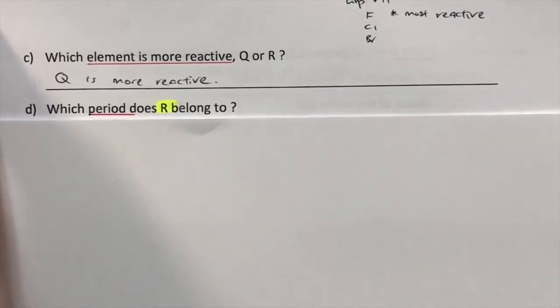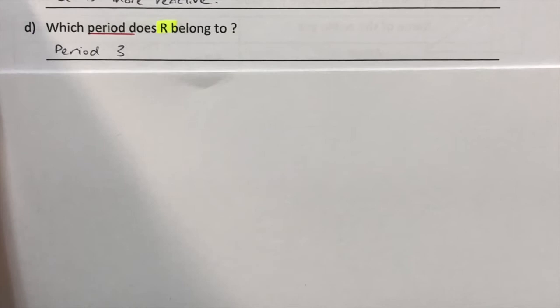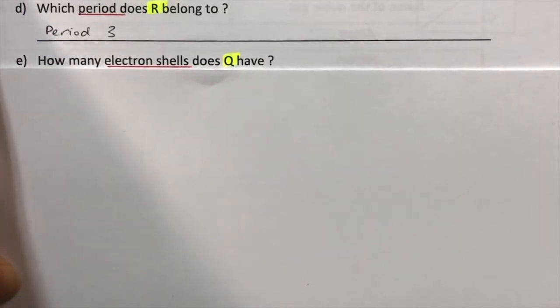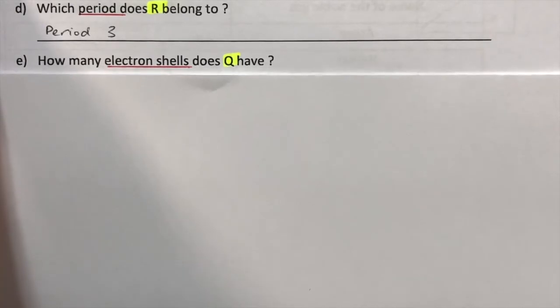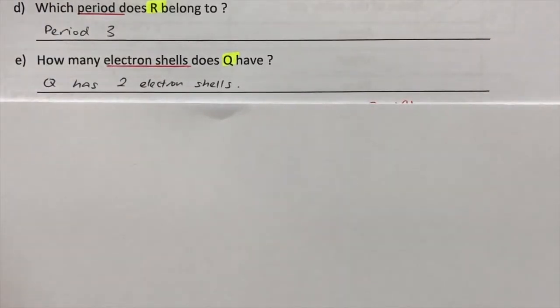Okay, next one. Which period does R belong to? If you look at the previous page, R belongs to period 3. Next, how many electron shells does Q have? So Q has 2 electron shells because Q is in period 2. The period number tells you the number of electron shells.